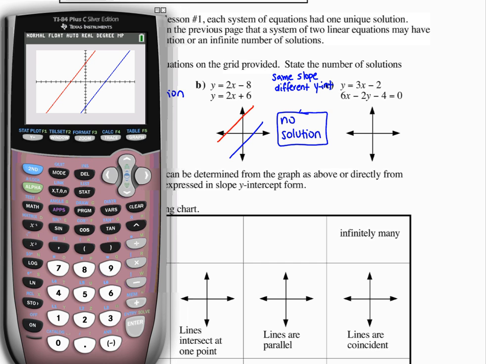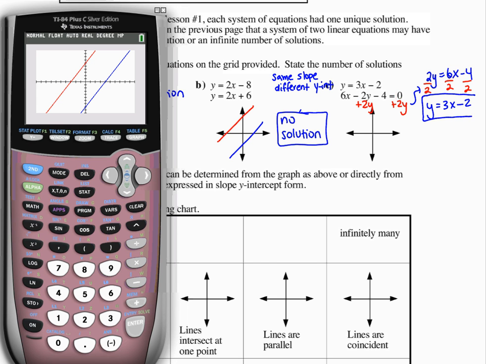In order to graph this, what do I have to do? Add 2y to the other side. We need to make it y equals. Remember that? Good times. This is a good review before your quiz. 2y equals 6x minus 4, and then divide everything by 2. Y equals 3x minus 2.